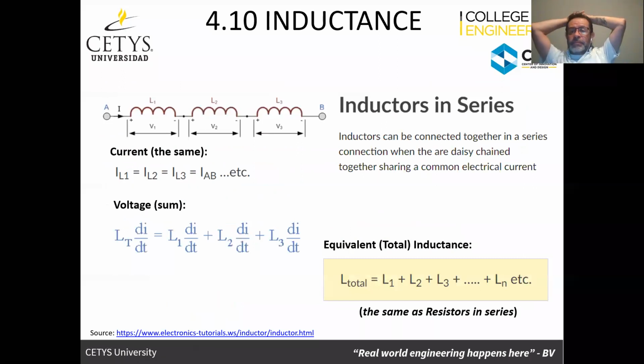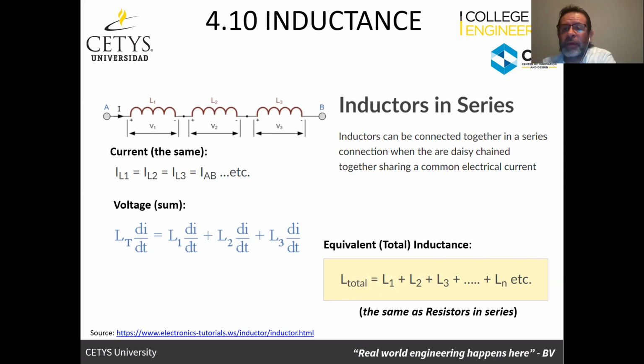Now, this is the easy part, because we just have to remember and extrapolate something that we already know. What happens when we connect inductors in series? Sorry about the yawn. The yawn gives me energy to finish strong. Spoilers, guys: inductors in series behave exactly like resistors in series.